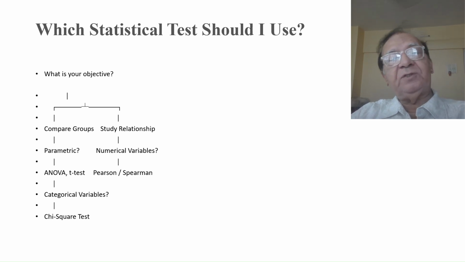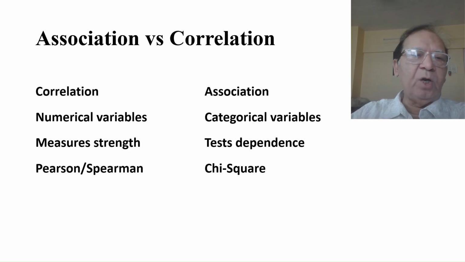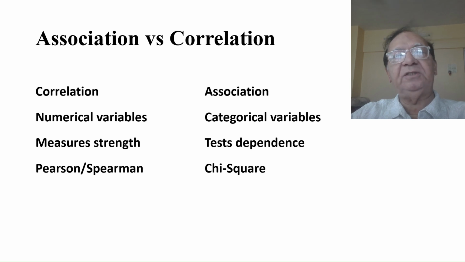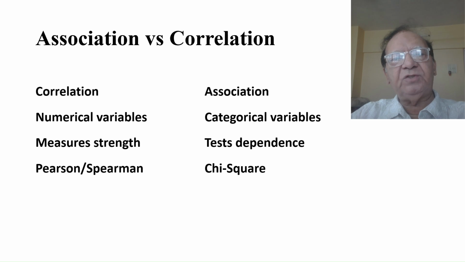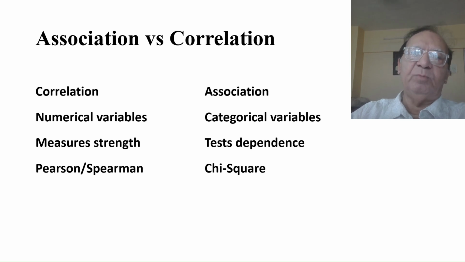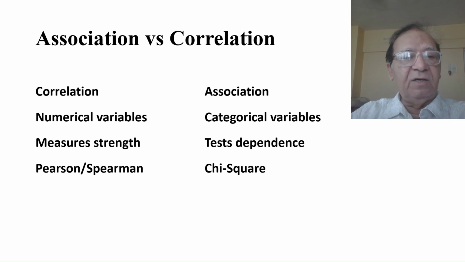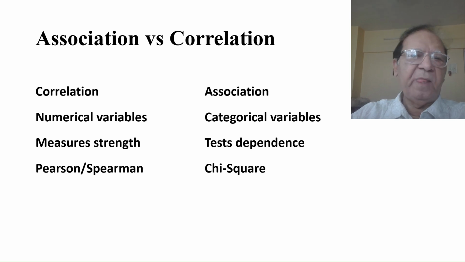This is perhaps the most important concept in today's lecture. Correlation and association are not the same. Correlation is used when both variables are numerical, for example, study hours and examination marks, age and annual income.